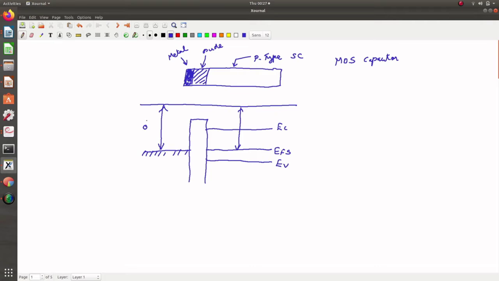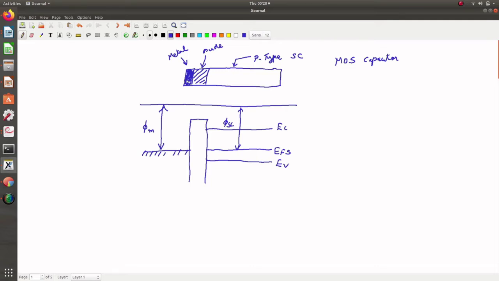Work function at the metal side is given by phi_m, and here it is phi_SC. So that at equilibrium, Fermi level is a common horizontal line.